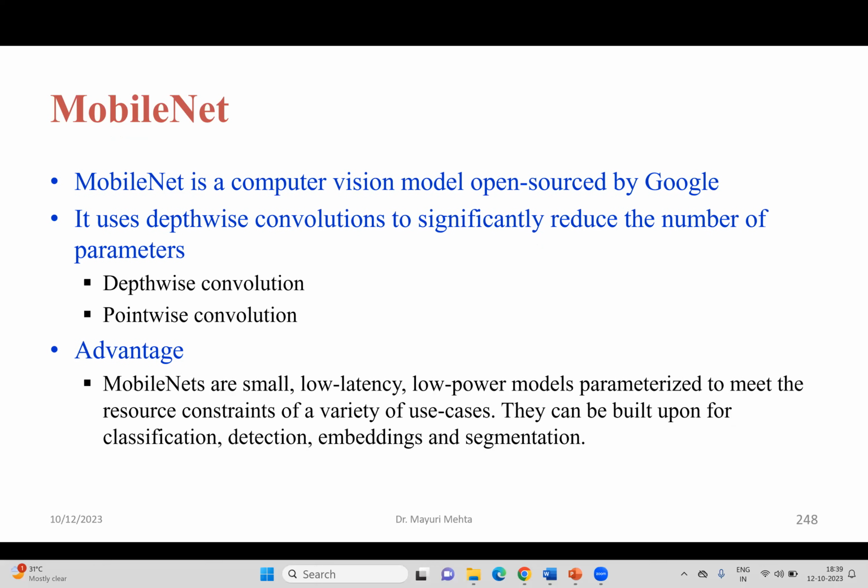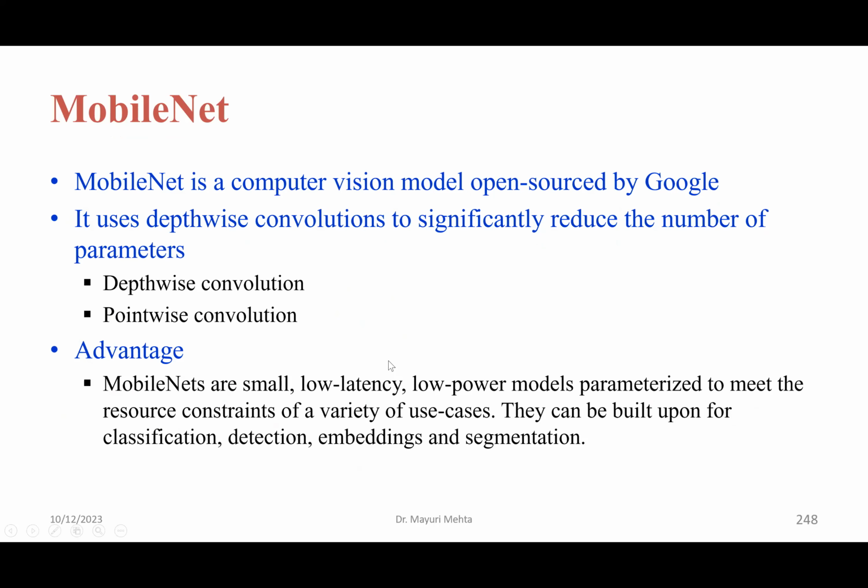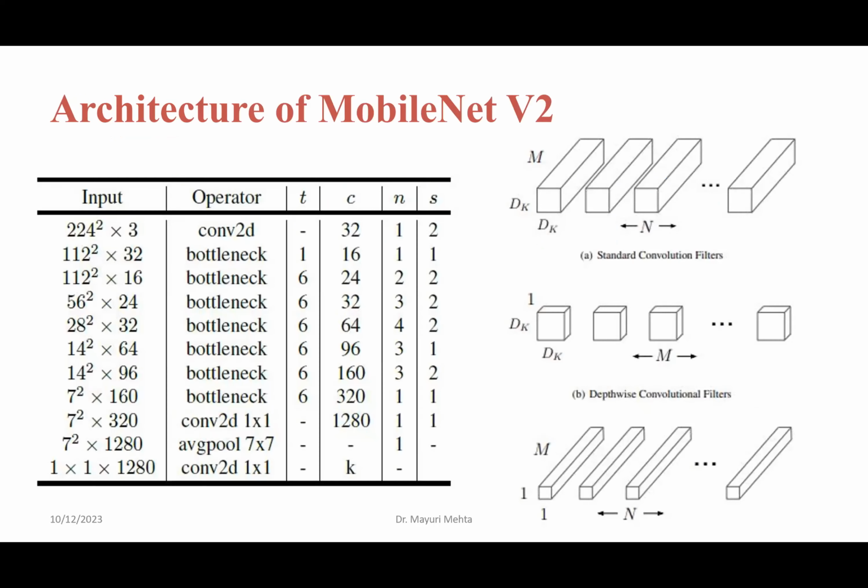And here, this is MobileNet version 2. I have not included the architecture of MobileNet version 1 because it is a very big diagram. I'll include it in the notes, but I have not included it here. This is a reduced size. So for MobileNet version 2, architectures can be presented diagrammatically or in tabular form.